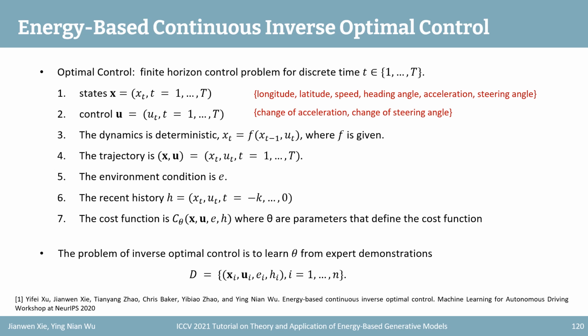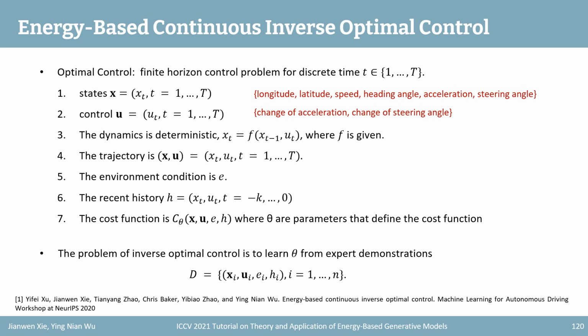In particular, we talk about the control problem of finite time horizon, where the trajectory is over a finite period of time. We will focus on the problem of autonomous driving as a concrete example. Let x_t be the state at time t.